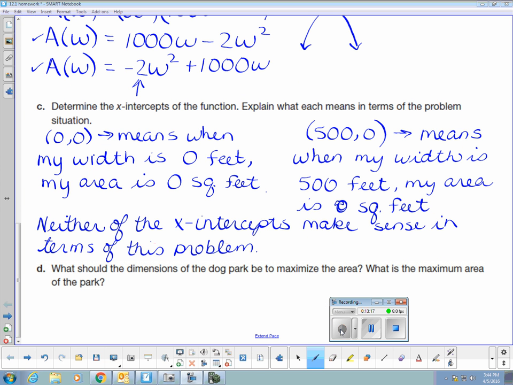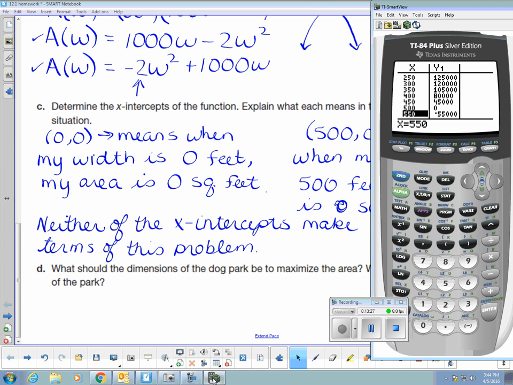To find the dimensions of the dog park that maximize the area, I need to find the maximum of this parabola. So when I graph this function, I notice that the parabola is not in this window.